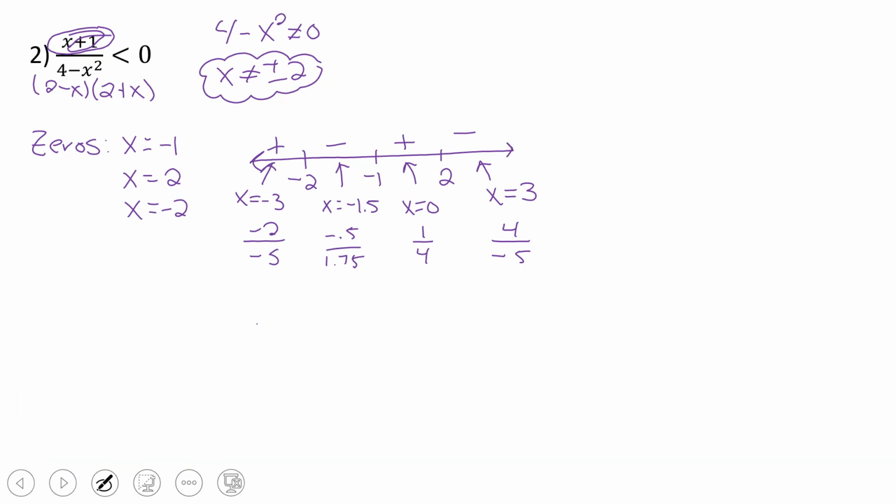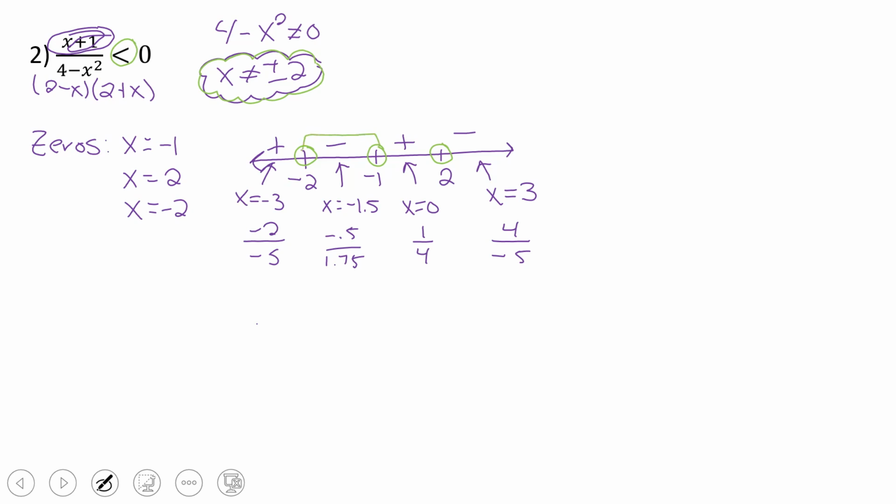Now, for your points, we have a less than sign. So they're all going to be open anyway. So I don't necessarily have to worry too much about this domain restriction because they're all open anyway. So I have open dots at -2, -1, and 2. And because I have a less than inequality, I'm going to go towards the negative results on my number line.